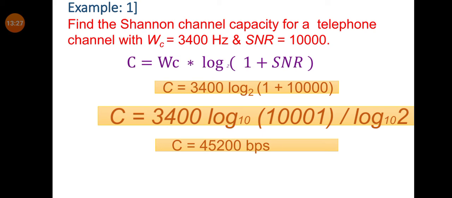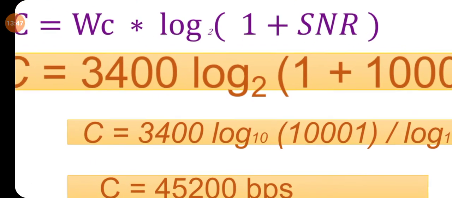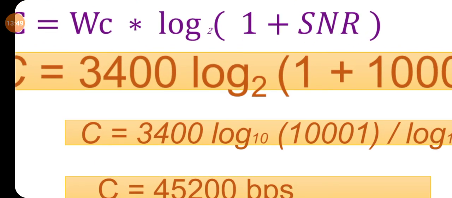Logarithmic value with the base 2 cannot be calculated using a calculator or log table. The log table consists of logarithmic values only for the base 10. So for the log base 2, we have to convert it to log base 10.